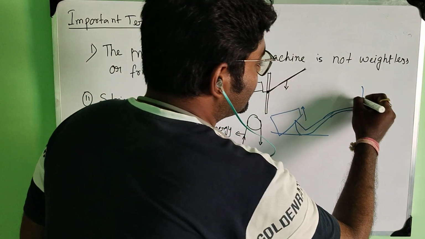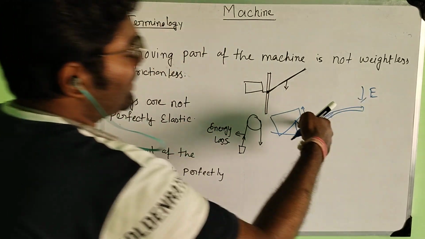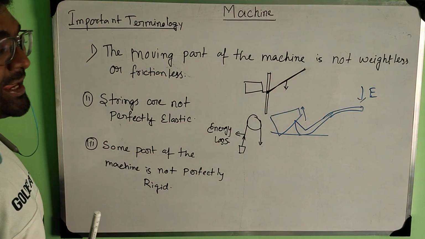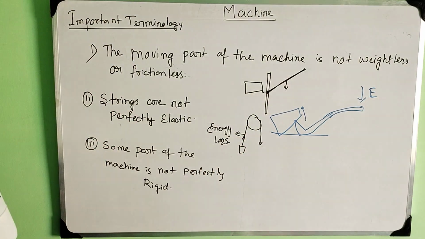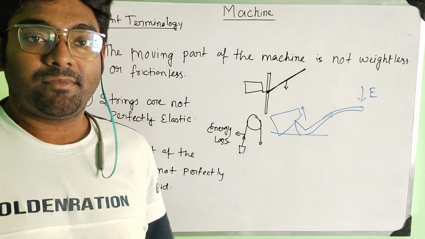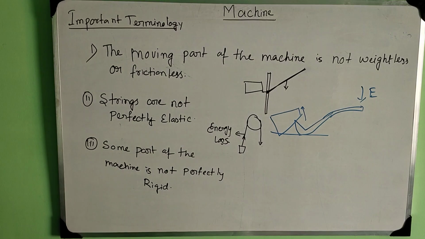For the force, that is the effort that we are giving, less work will be done. That is why the input energy is lost due to this deformation. I think it is clear now. Okay, so this is all up to now. The next video will be on the lever. Okay, so I think up to this it is clear to all of you.